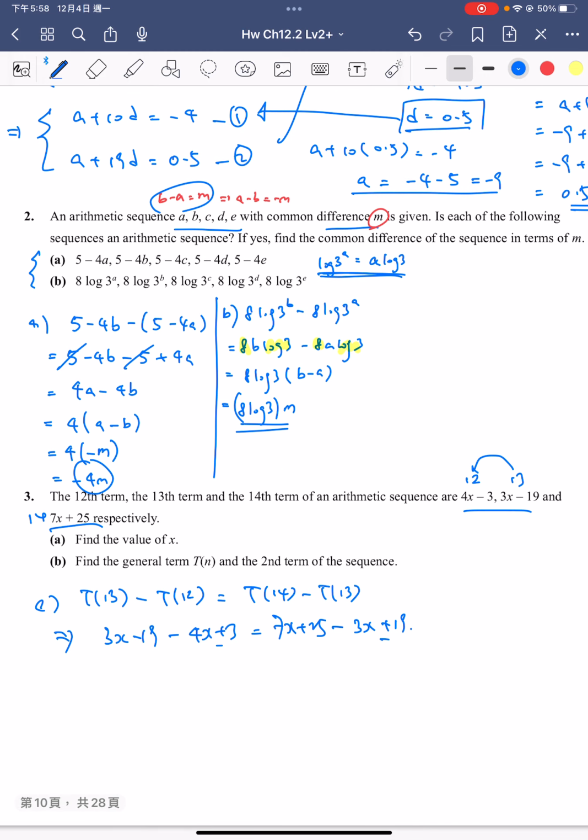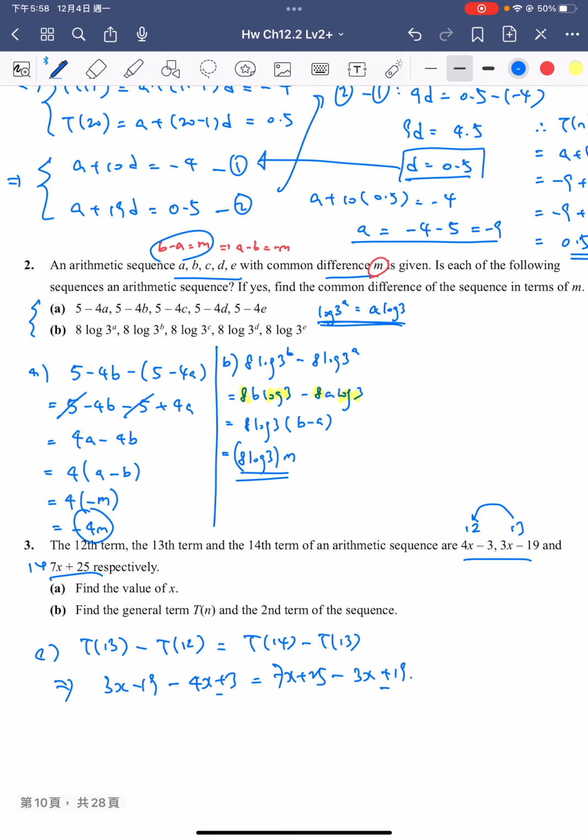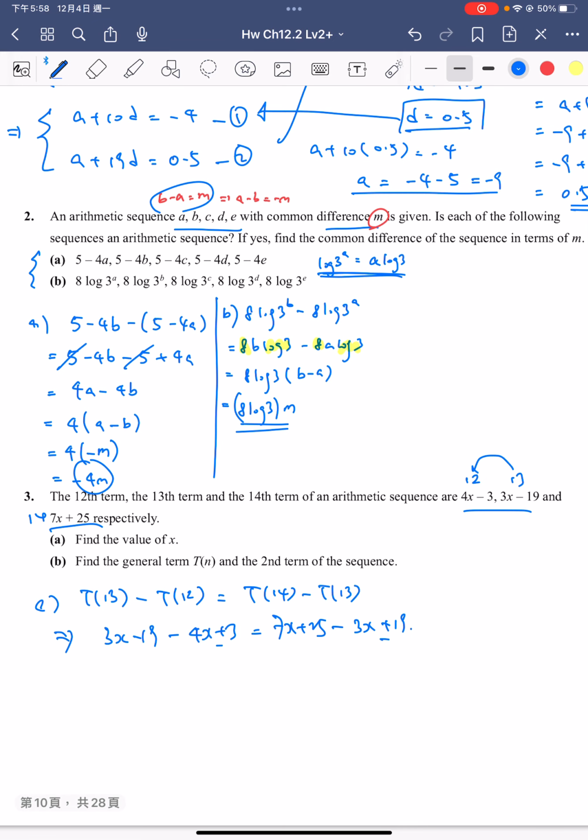Then what we're going to do is to simplify it. So now we move all of the x to the same side. We have 3x minus 4x minus 7x plus 3x is going to be equal to, numbers come together, 25 plus 19 minus 3 plus 19.